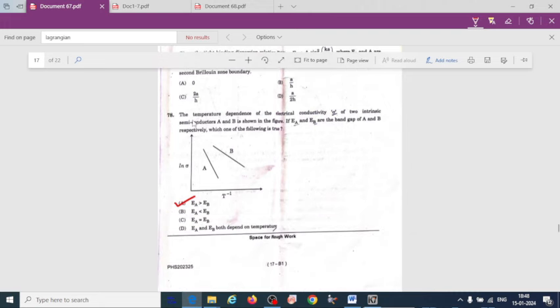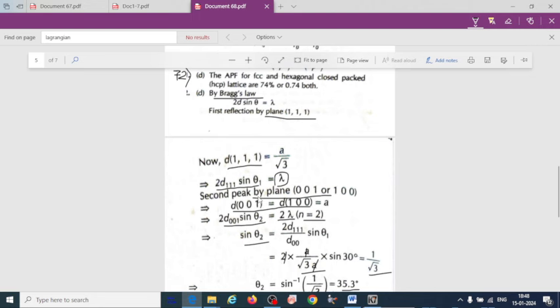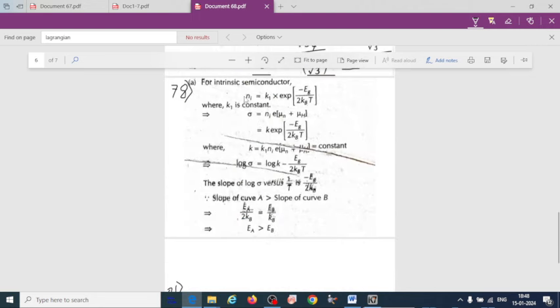So again the next question: the temperature dependence of the electrical conductivity sigma of two intrinsic semiconductors A and B is shown in the figure. E_A and E_B are the band gaps of A and B respectively. Which of the following is true? So for semiconductors, two types are there, extrinsic and intrinsic.